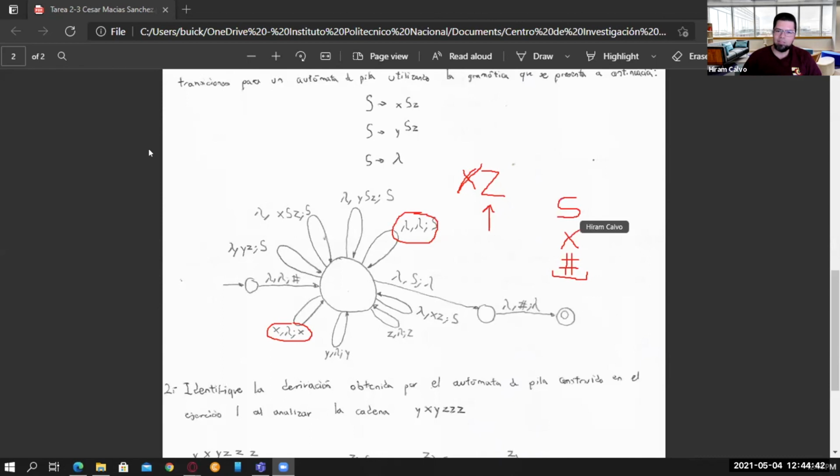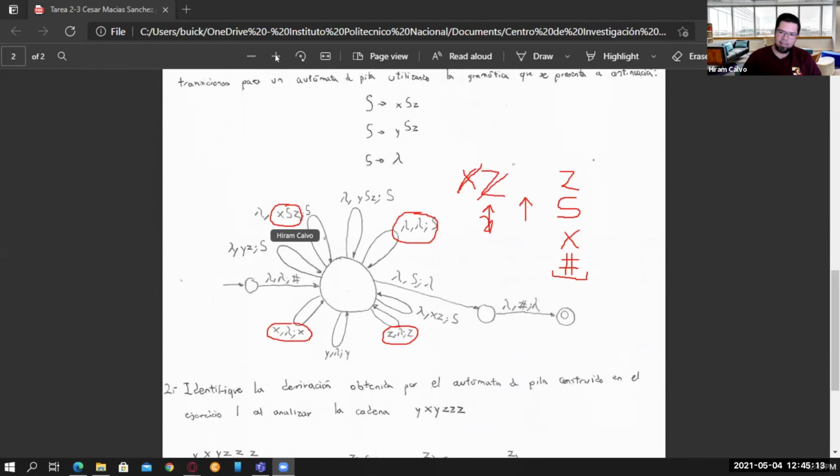And we have not processed yet this z. And then we will process this z, moving our head to the final position and adding it to the stack. And we are adding it to the stack by using this rule. We consume this z from the input string and push it into the stack. And now we have xsz, and we can convert this into s.